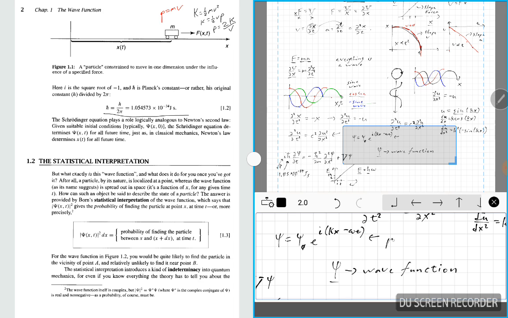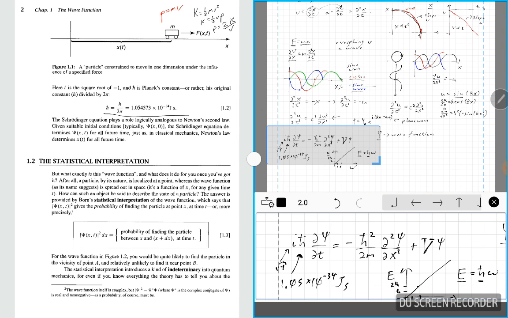So this is our most generalized form of a wave.